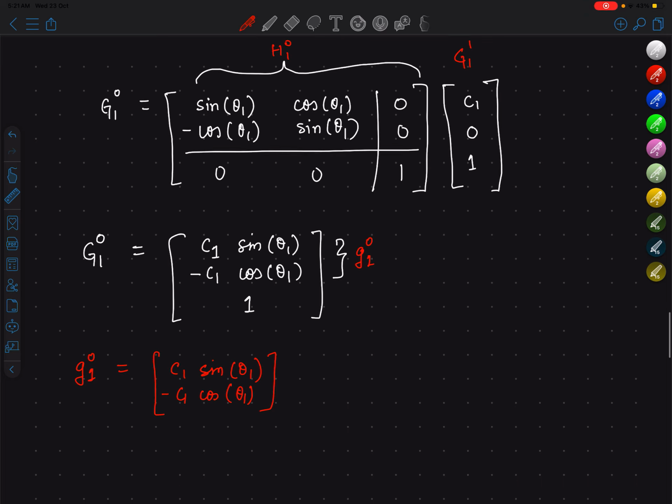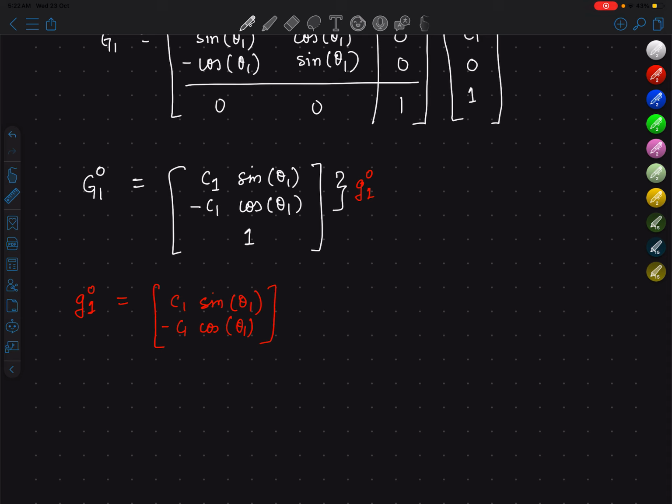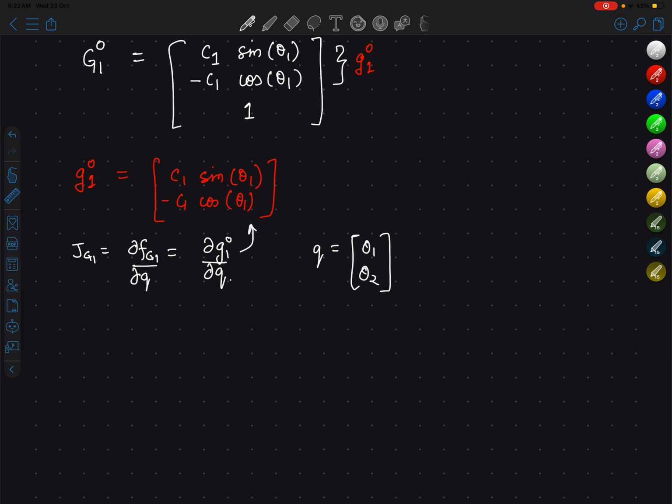Alright, now we saw that JG1 was del F_G1 by del Q, which is equal to del G1_0 by del Q. Here Q is given by theta 1, theta 2, right? So let's differentiate this and see what we get as a Jacobian.